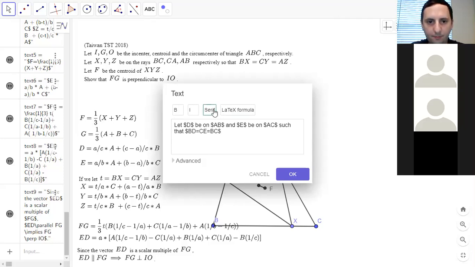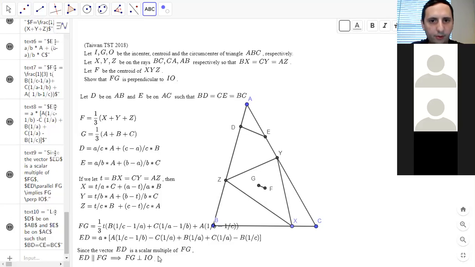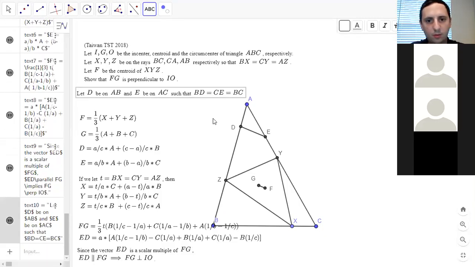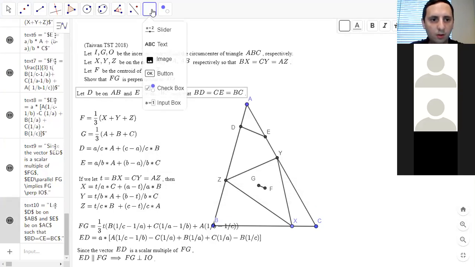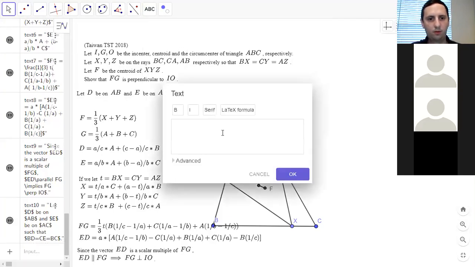And then from a previous video on my channel, I'm pretty sure I did it before, perpendicular to IO.